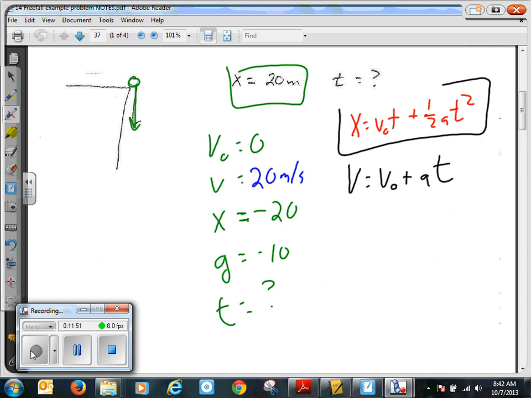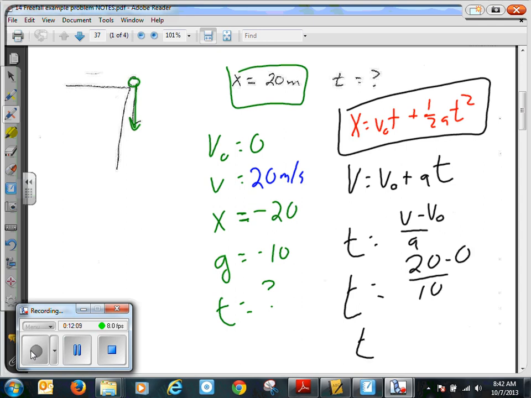So I guess when I originally thought this, I could use that too now, or I could use this. I could use either one. So then our time is going to be v minus v sub naught divided by a, or our time is going to be 20 minus 0 divided by 10. Our time then is 2 seconds.